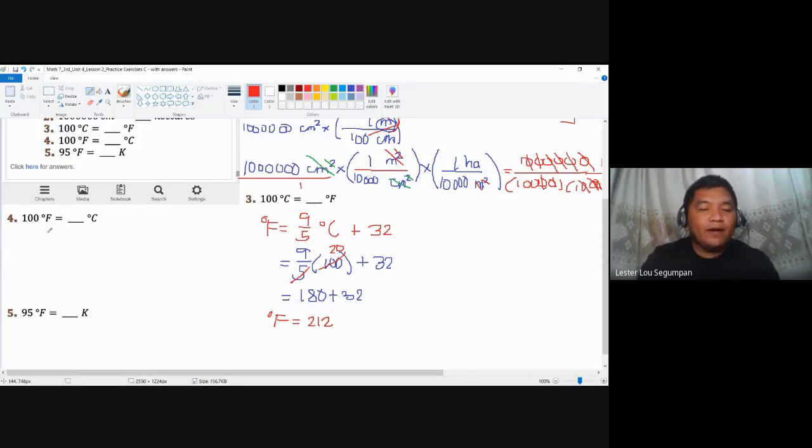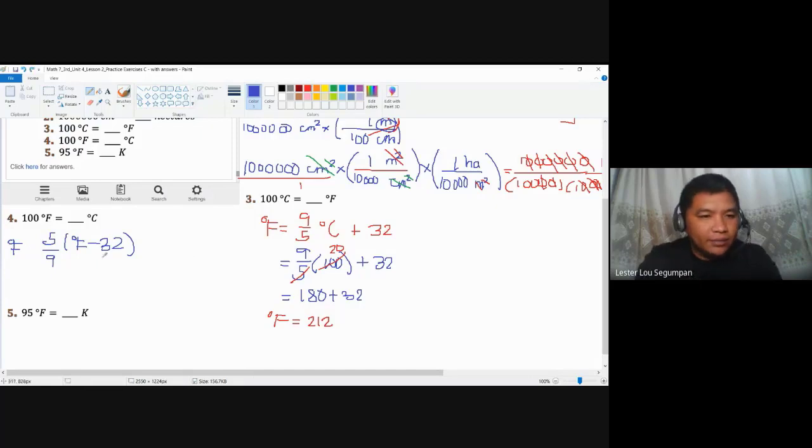For number 4, Fahrenheit scale to Celsius scale is actually the manipulated literal equation of this formula here. It's subtracting 32 both sides, so you'll have degree Fahrenheit minus 32. That's a literal equation, right?